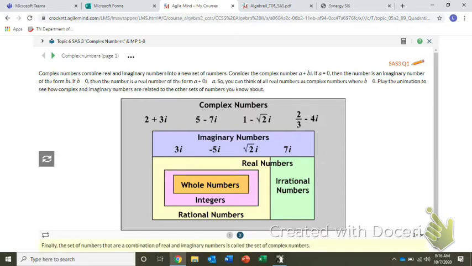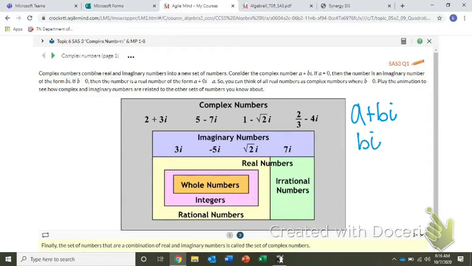What is the difference between the complex number and the imaginary number? The complex has the real component. So remember, complex is A plus BI. Imaginary is really just the BI.